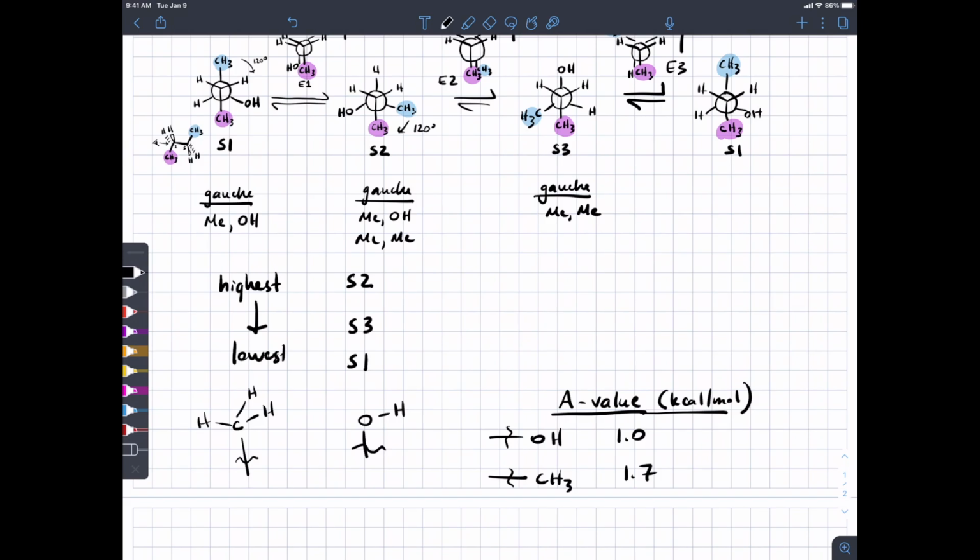We're not going to put numbers on this, but just the relative order is useful to be able to do. And I've often asked questions on exams, which of these is the lowest energy conformation of molecule A, or whatever it is. I'll give you another secret.